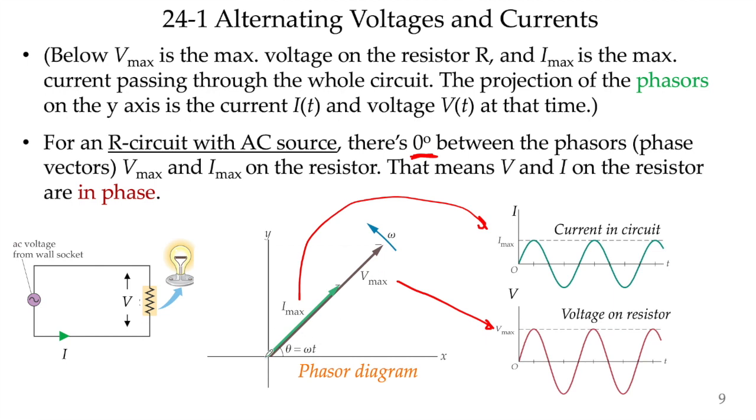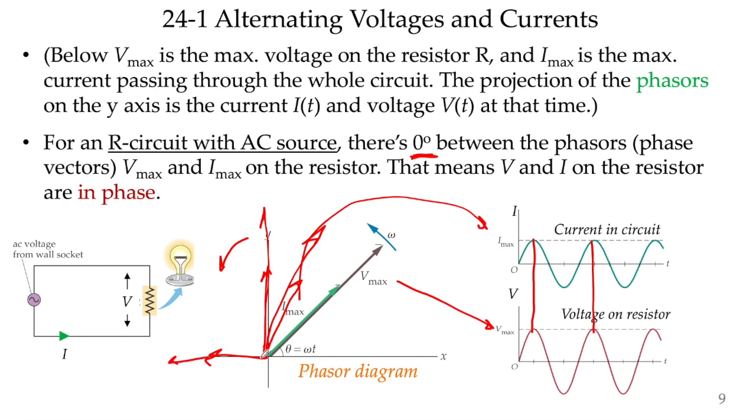So as time passes on, it's going to be like this. And at some point it's going to be like this. When it's exactly on the y-axis, it corresponds to these maximum values, right? And it's going to continue rotating, so those two vectors will be like this, for example.